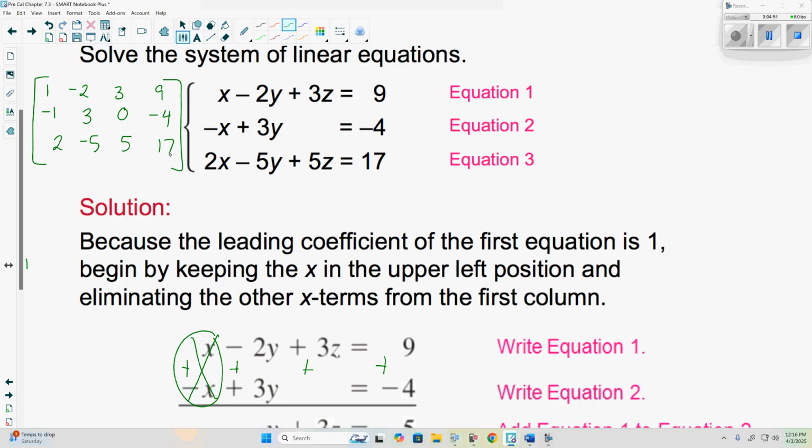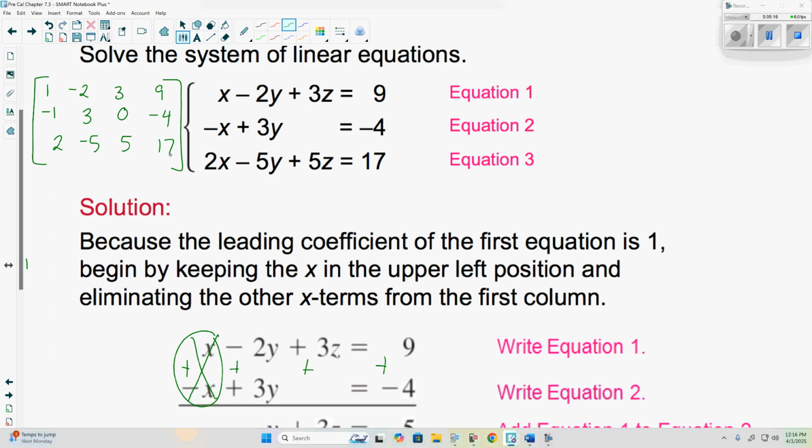Now, we've done this before. We've done this in Algebra 2, solving these this way and solving them by matrices.